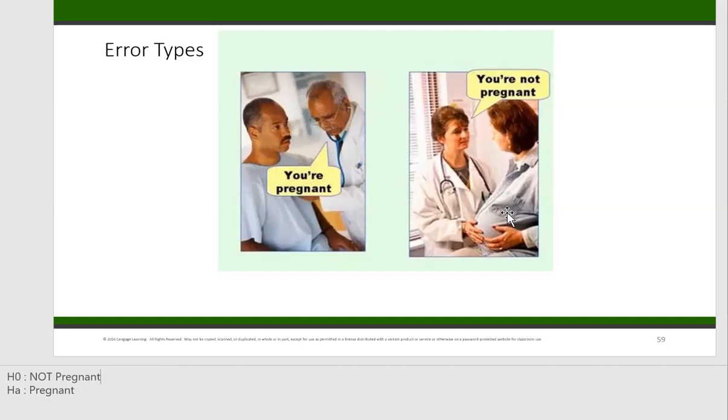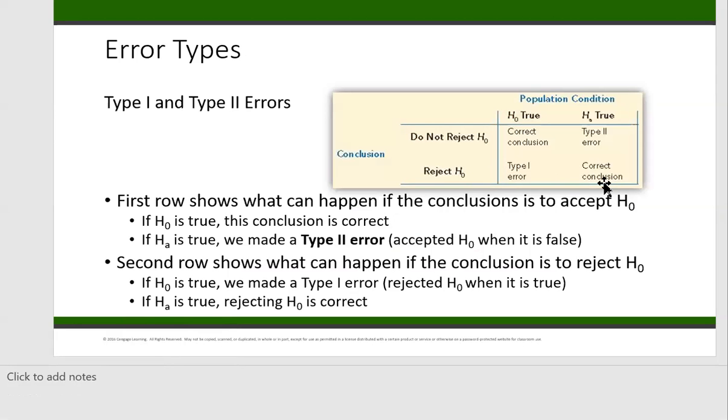So the alternative is true, but the doctor is saying that you're not pregnant. So the doctor is actually failing to reject the null hypothesis. The doctor is not rejecting the null hypothesis while the alternative hypothesis is true. So this is a case of basically type 2 errors, right?